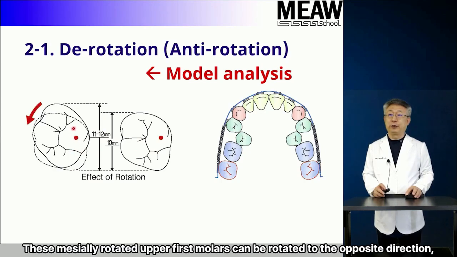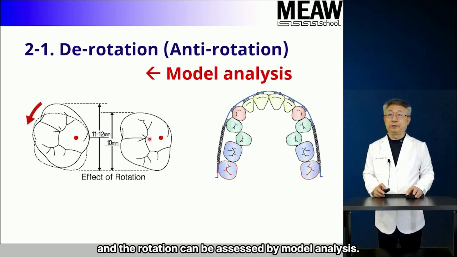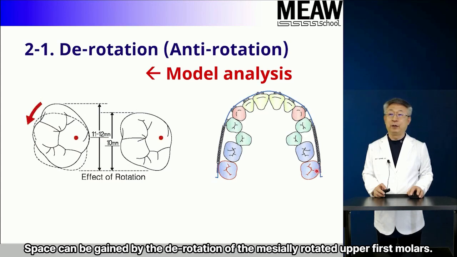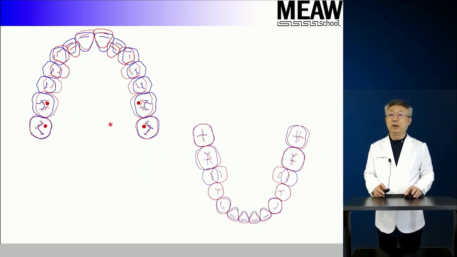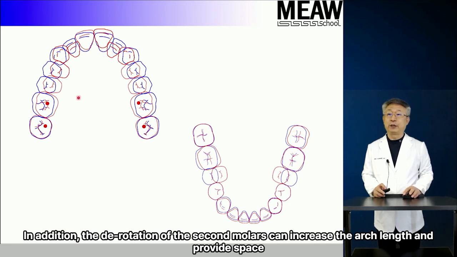These mesially rotated upper first molars can be rotated to the opposite direction, and the rotation can be assessed by model analysis. Space can be gained by the derotation of the mesially rotated upper first molars. In addition, the derotation of the second molars can increase the arch length and provide space.